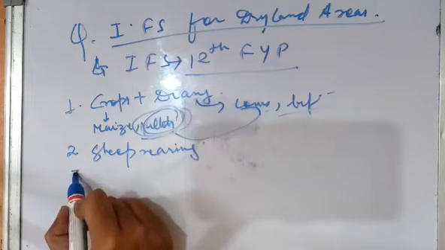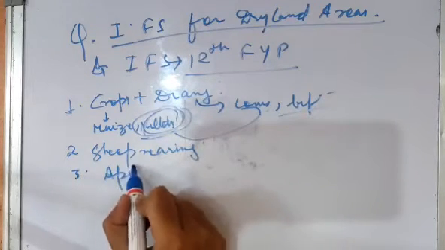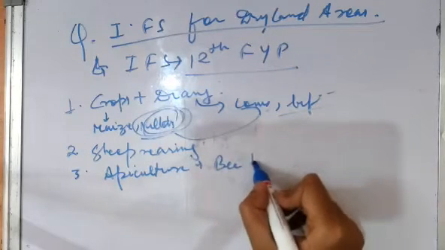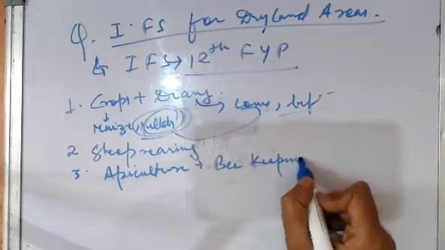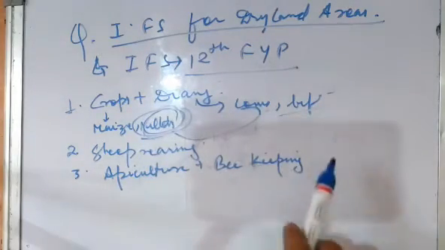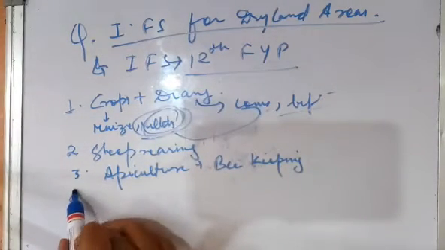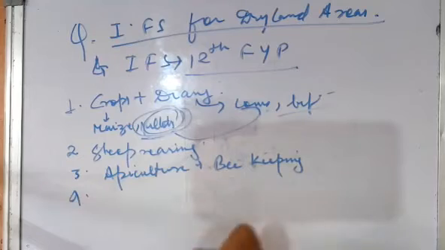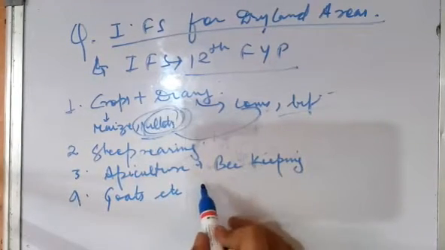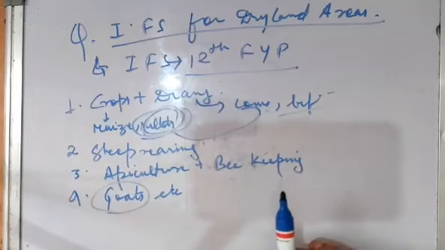Sheep rearing, apiculture, that is beekeeping, with crops. The flowers of crops will be used by bees and they will help in honey production. Animals like goats can be kept, which can be used for meat.